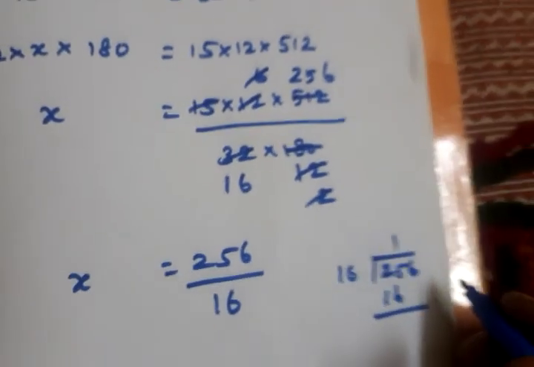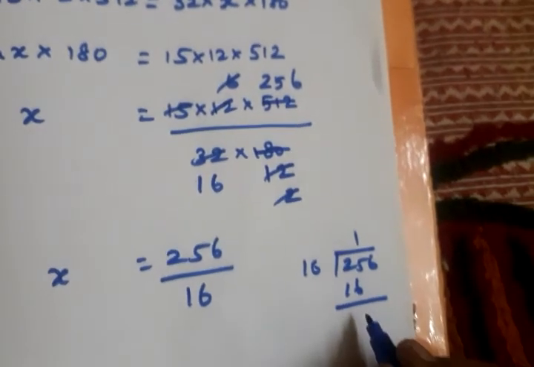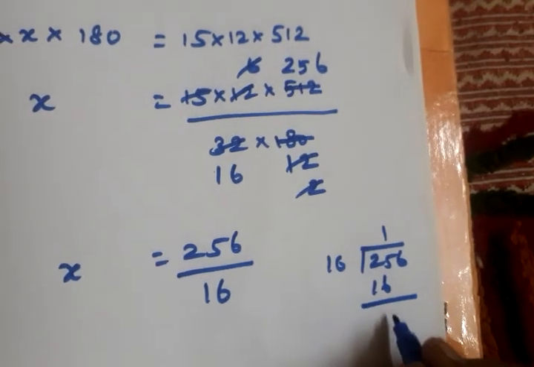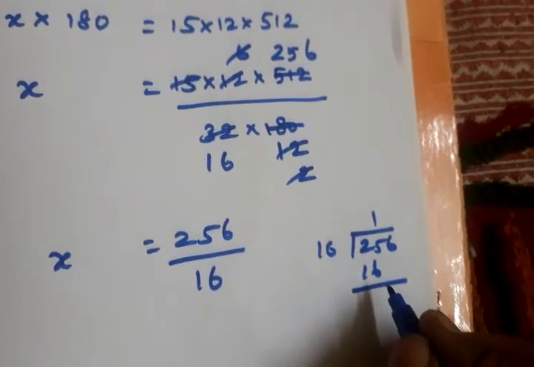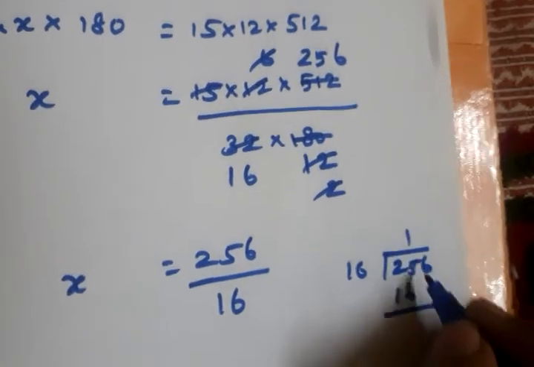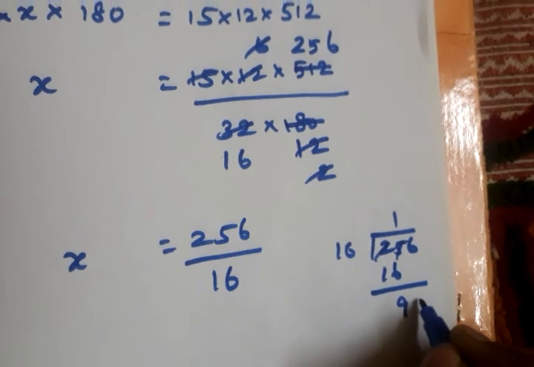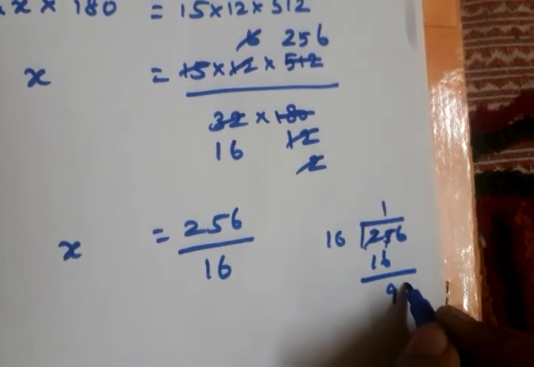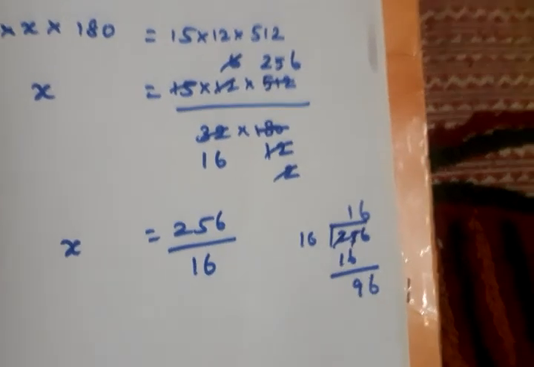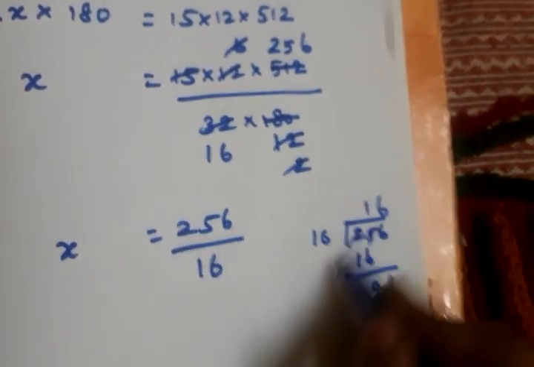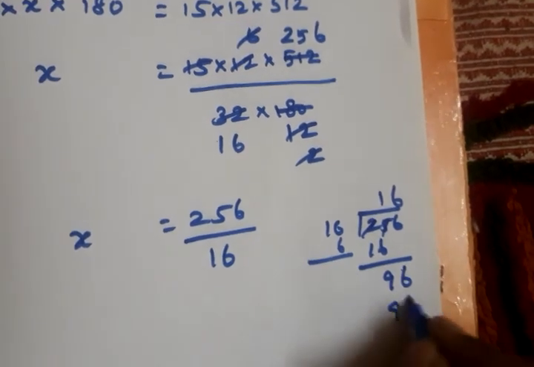Already we know that 16 squared is 256. So 6 and 6 are 96, 6 6s are 36, so 96.